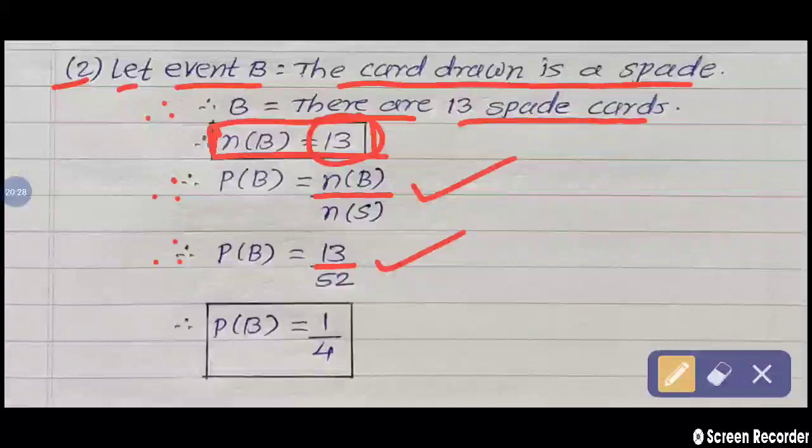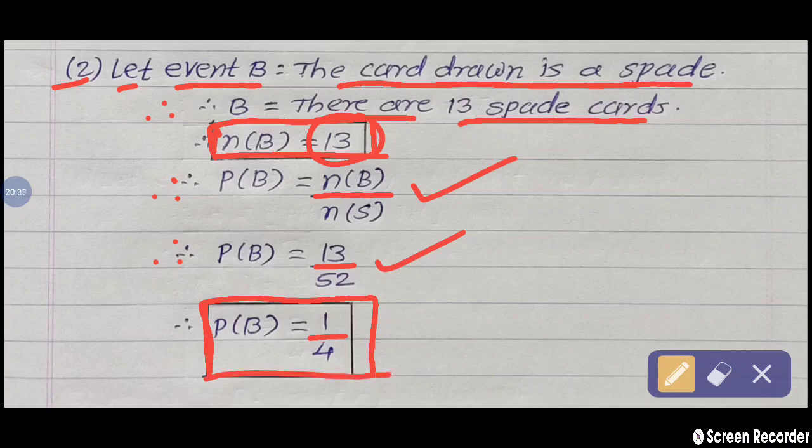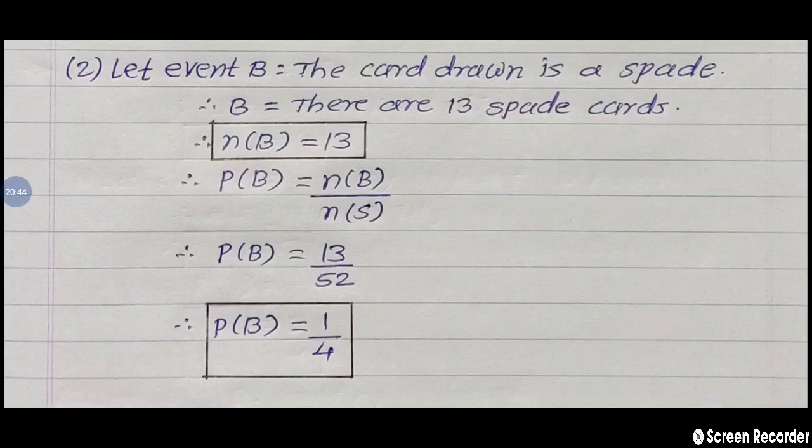So 13 and 52 are divisible by 13. 13 1s are 13 and 13 4s are 52. So the answer of probability of B is equal to what? 1 upon 4 is the answer. Finally, you highlight your answers by making a box with the help of scale and pencil.